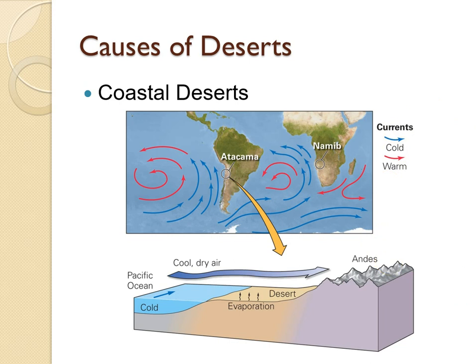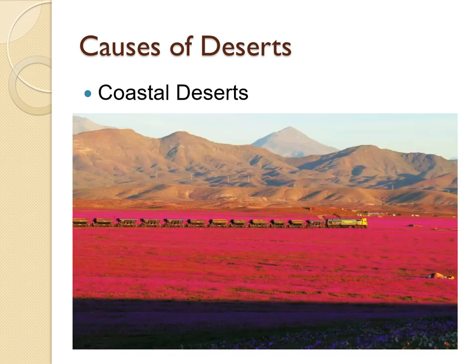Now, something kind of cool happened a couple years ago. In 2015, they had some serious floods in the Atacama Desert. They showed record-setting rains. It caused flash flooding and mudslides through the entire region, and it killed 28 people. On one day in March, a city called Antofagasta, Chile, actually received 23 millimeters of rain.